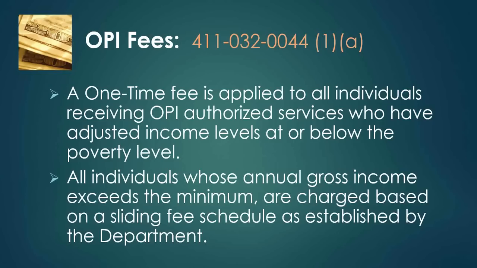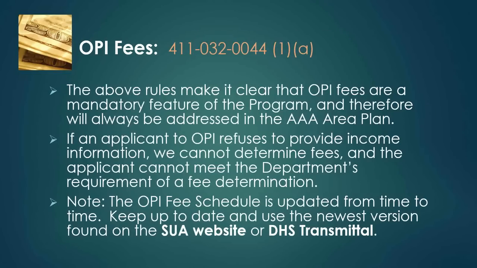And then once it's published through a transmittal, it's posted on the SUA website or on other DHS websites so that you can access them. So the rule that we just made note of makes it clear that OPI fees are a mandatory feature of the program and will always be addressed in the AAA area plan.